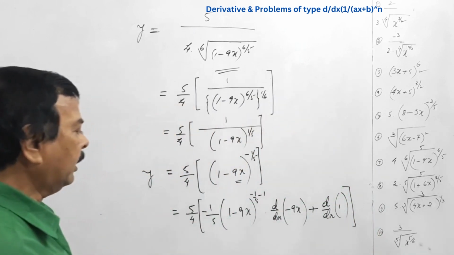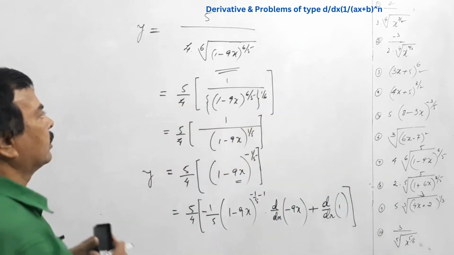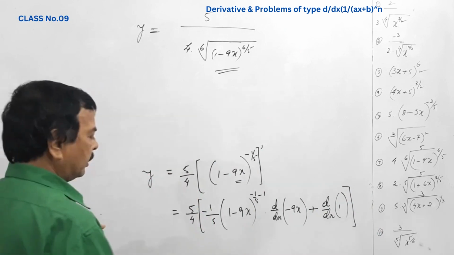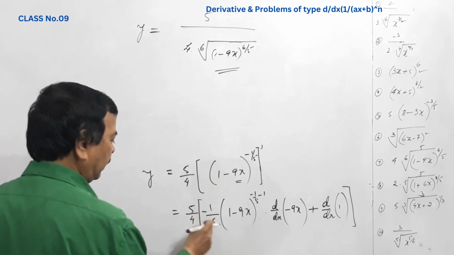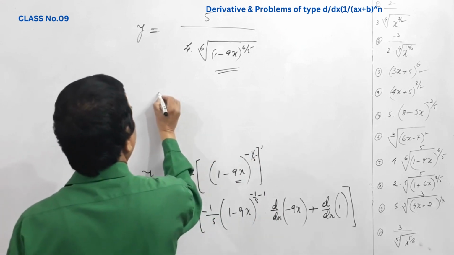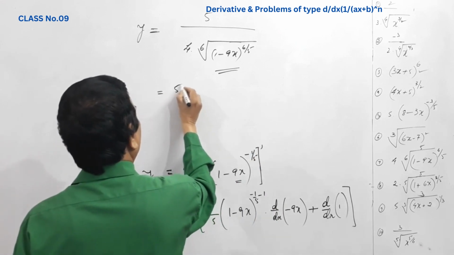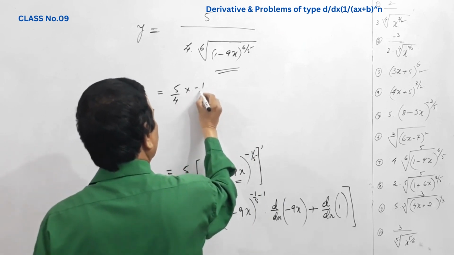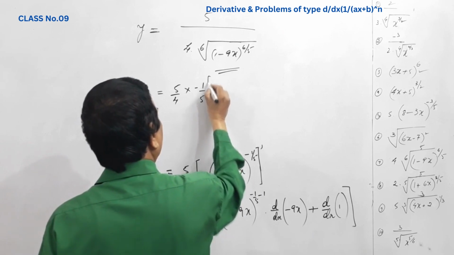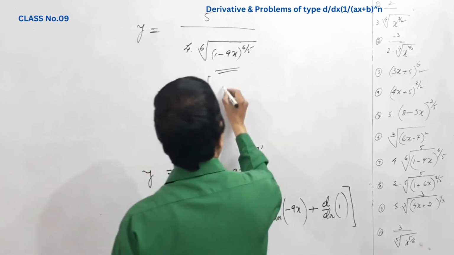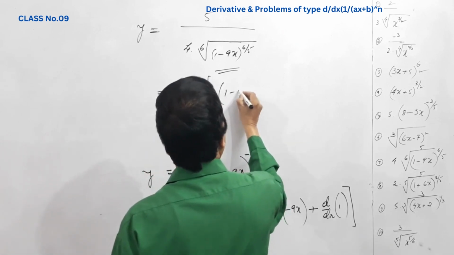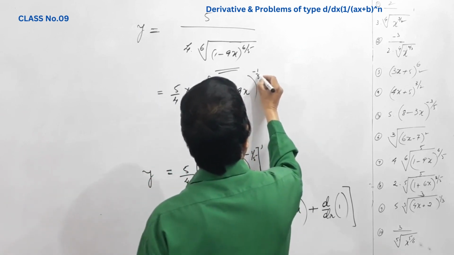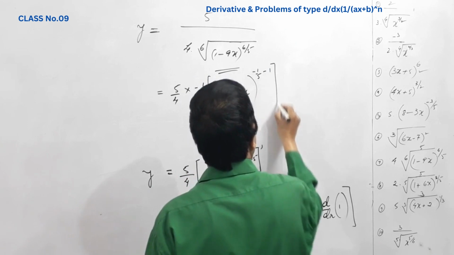So we know that if I just rub this step, please see, I bring this minus sign and 9 outside, so this is equal to 5 by 4 into minus 1 by 5, into 1 minus 9x to the power of minus 1 by 5 minus 1.